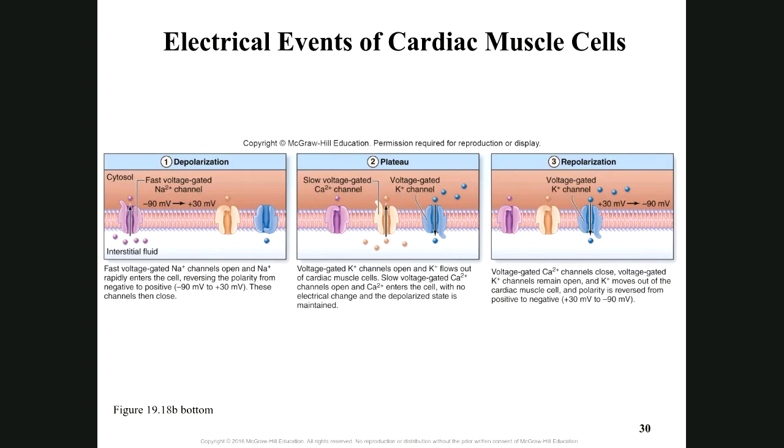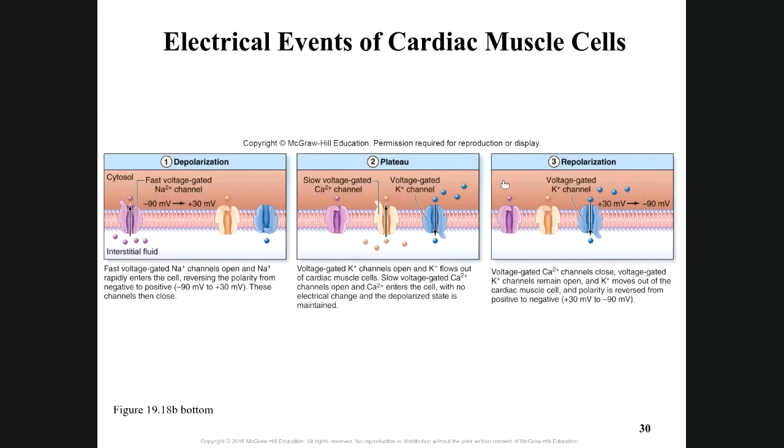And in this slide, you can see all electrical events which we have for our cardiac muscle cell. During depolarization, the fast voltage-gated sodium channels are open and sodium ion come to our cell until we reach positive 30 millivolts. Then the calcium channels are open, calcium ion come to our cell and potassium ion leave our cell, and this stage is called plateau stage.